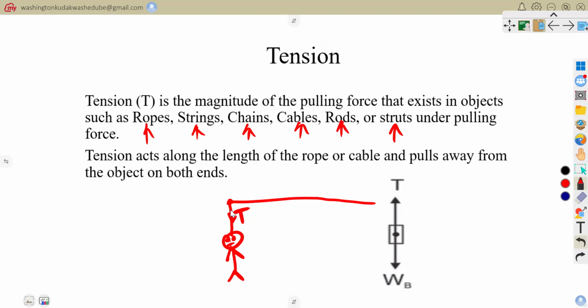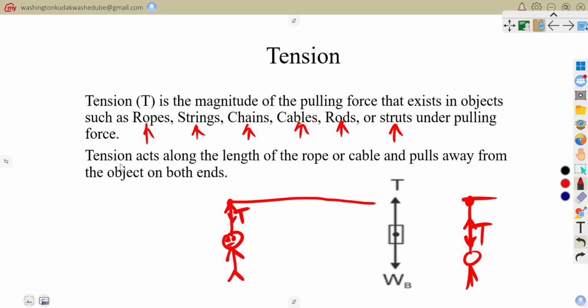It will also be pulling away from the suspended doll. So you will see that that tensional force actually exists in between this rope, in between these two objects. The doll that is suspended, the tensional force is pulling away from that doll. And then the roof from which that doll is suspended, the tensional force is also pulling away from it.